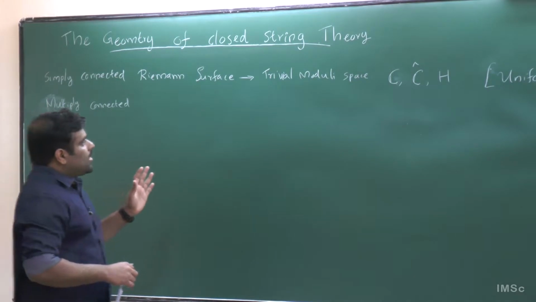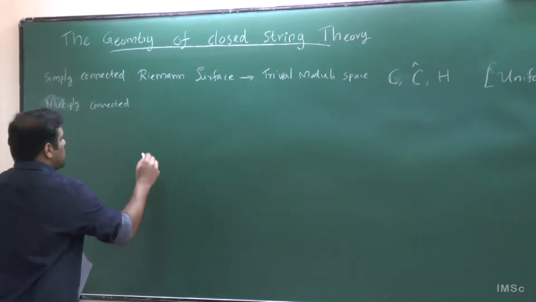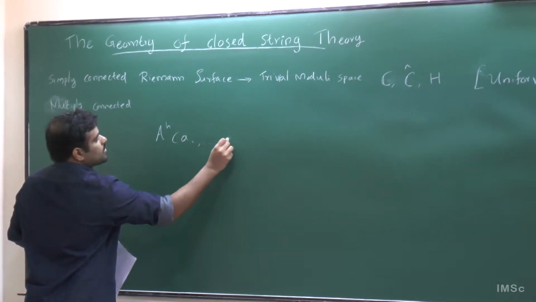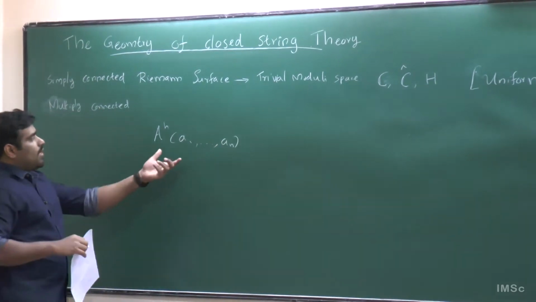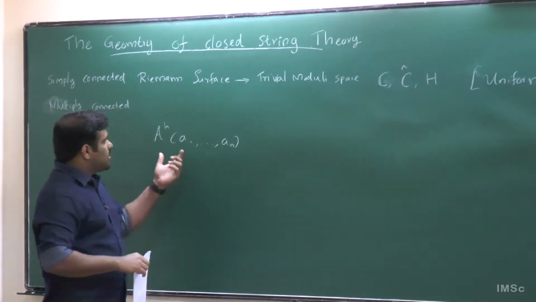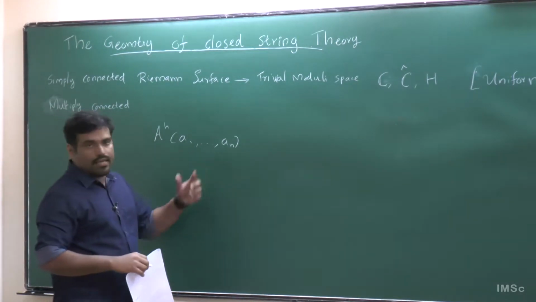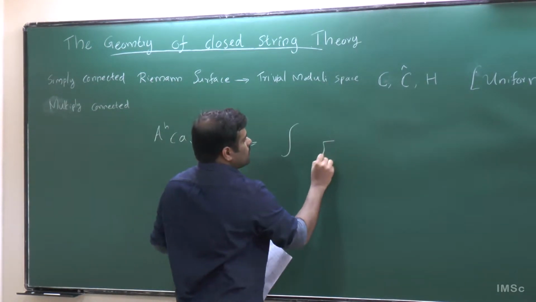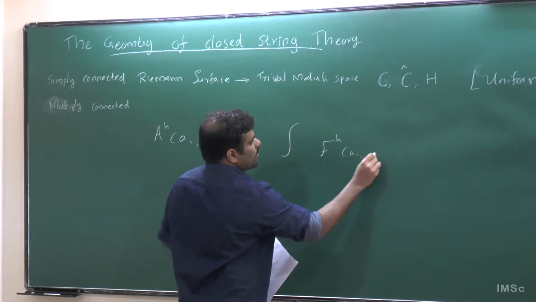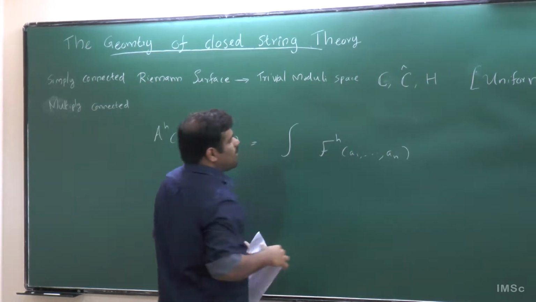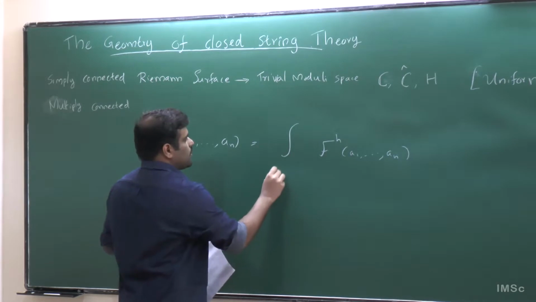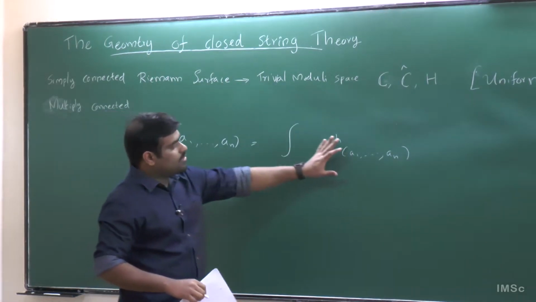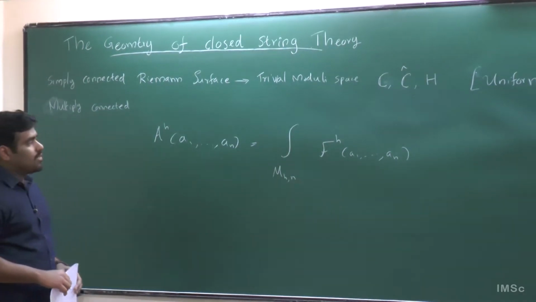Then an h-loop contribution to the closed string scattering amplitude with n external strings having quantum numbers a1 to an can be understood as an integral of a top form that we define in the moduli space of Riemann surfaces with h handles and n punctures, and then we are supposed to integrate this top form over the whole region in the moduli space.